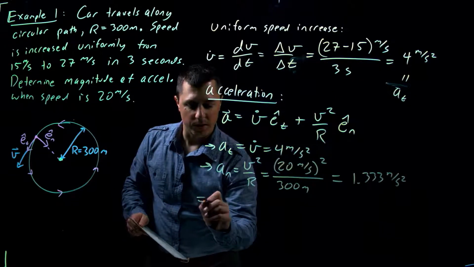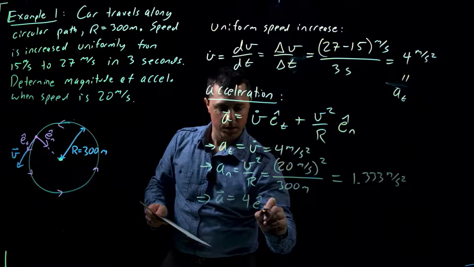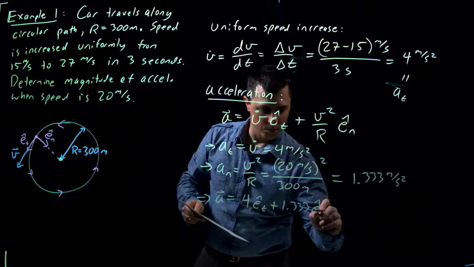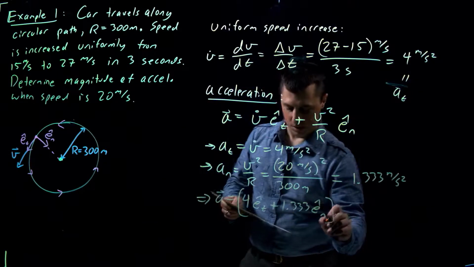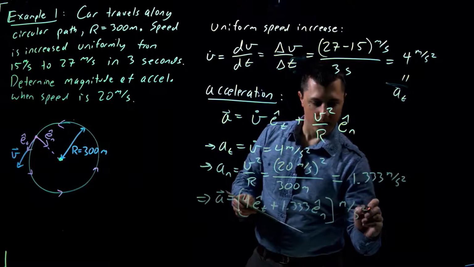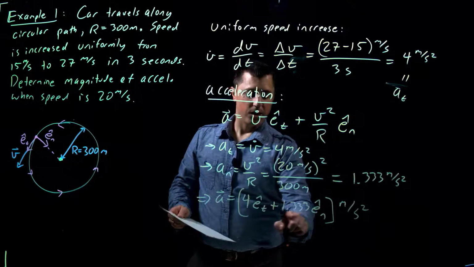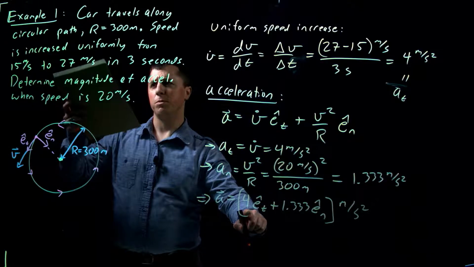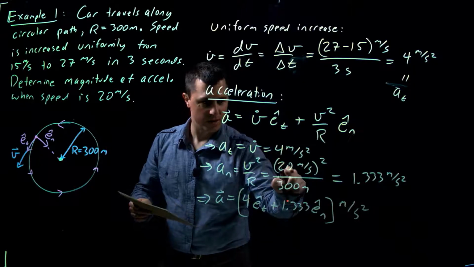And so we have our acceleration vector as 4 in the tangential plus 1.33 in the normal at this particular time instant, because we plugged in 20 there. The 4 is always true between the speeds of 15 and 27 meters per second, but the normal component changes; it is only specific to this time instant.